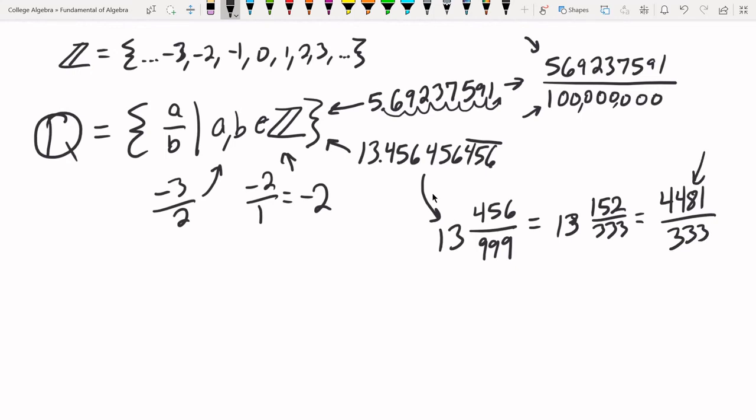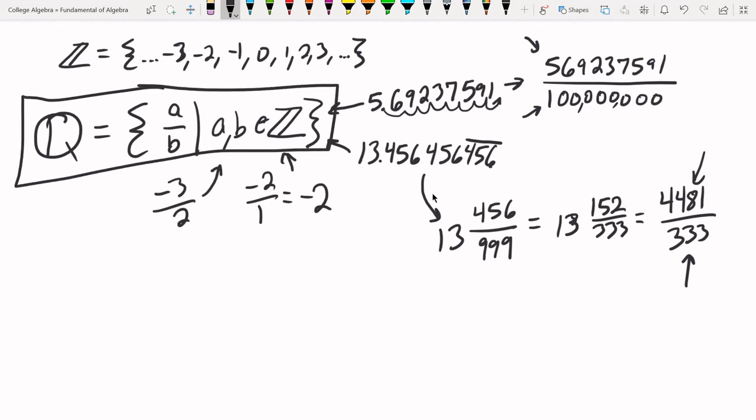This is an integer over an integer. So rational numbers can be written as a list like the previous sets that we did before, but it's a lot harder to. And so it's easiest to use set builder notation to designate what are rational numbers.